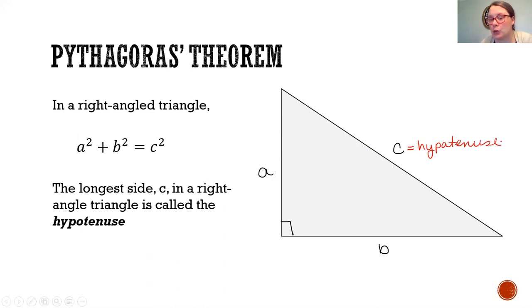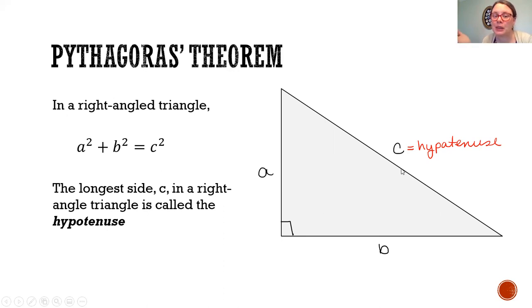He found that if you squared the length of side A, so one of the legs, we call these sides legs, so leg A, and then you squared leg B, if you added those two squares together, you got the square of side C. Okay? So we'll take a look at what exactly that means pictorially, but the important thing is C in this equation is always the hypotenuse.